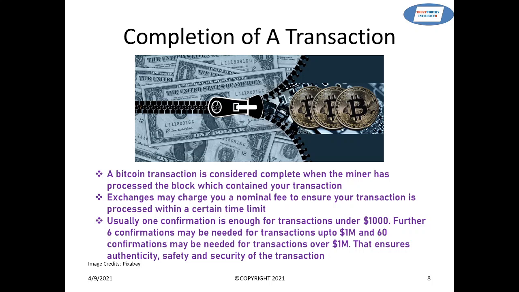And you need 60 confirmations if your transaction is over $1 million, because the more confirmations, the more authentic, safe and secure your transaction becomes, and hence it is extremely critical that you have more and more confirmations for your transactions. So that's pretty much what I had to tell you about how long it takes to complete a Bitcoin transaction.